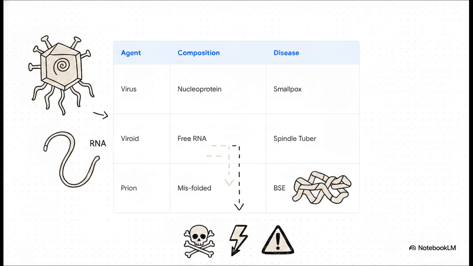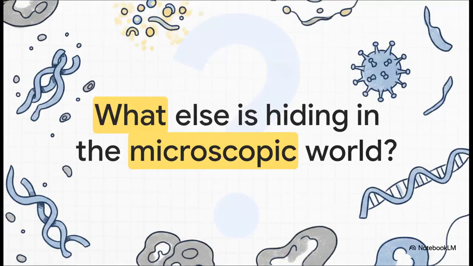Finally, we strip away the RNA itself to get the prion, nothing but a misfolded protein causing severe neurological diseases like BSE and CJD. As we strip away parts, these agents become structurally simpler for sure, but they remain incredibly dangerous in entirely different, devastating ways.